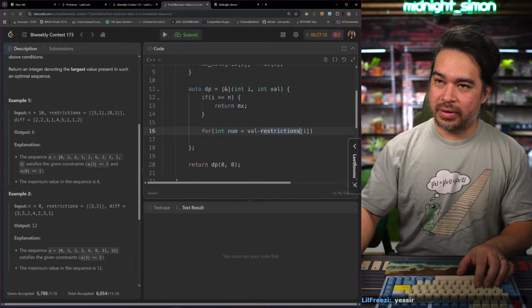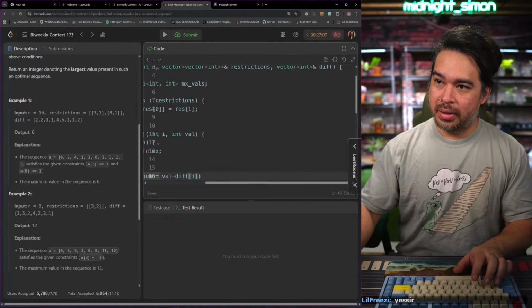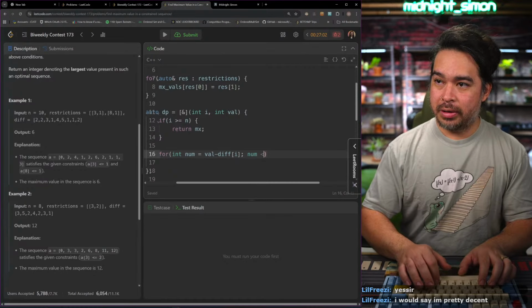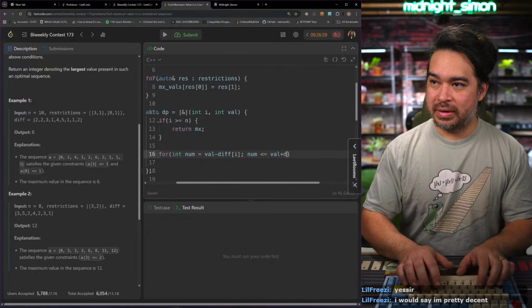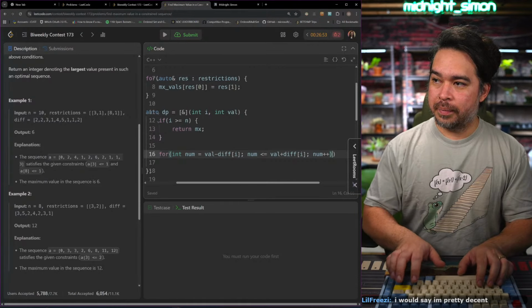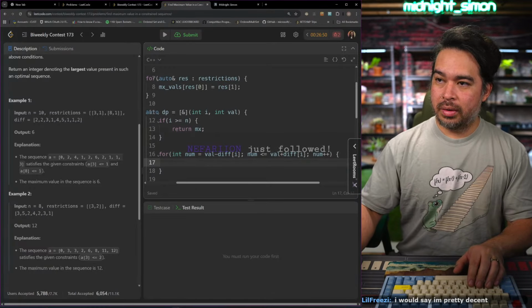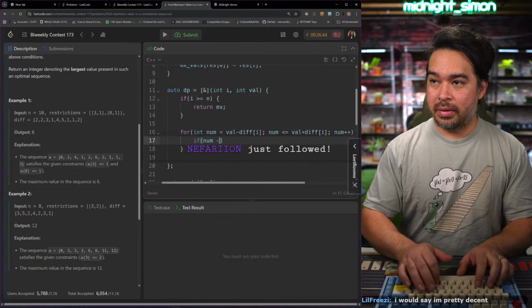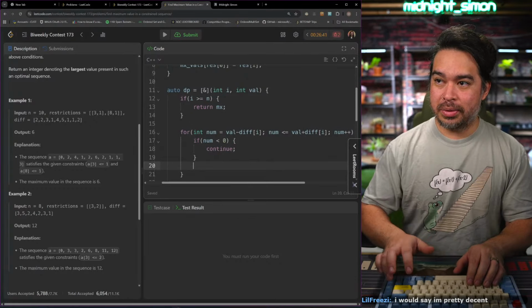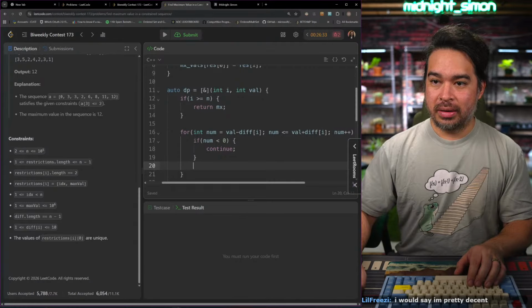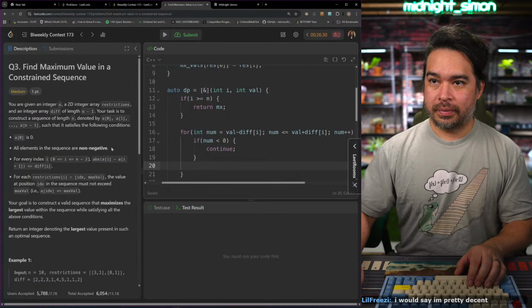No, not restrictions. This is diffs. My bad. Diff I. So that would be from there. Num less than equal to val plus diff I. We'll see if this works, man. So if this num is less than 0, that's not possible because all the numbers in the sequence should be positive. It says somewhere, it says that. Non-negative.